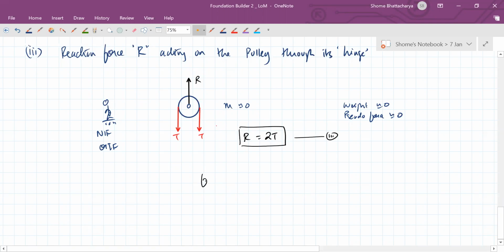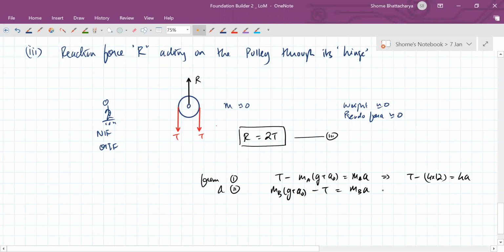Now go back to equations 1 and 2. We had T minus this, and this equation had become T minus 4 into 12 was 4A, and this equation had become 6 into 12 minus T is equal to 6A.